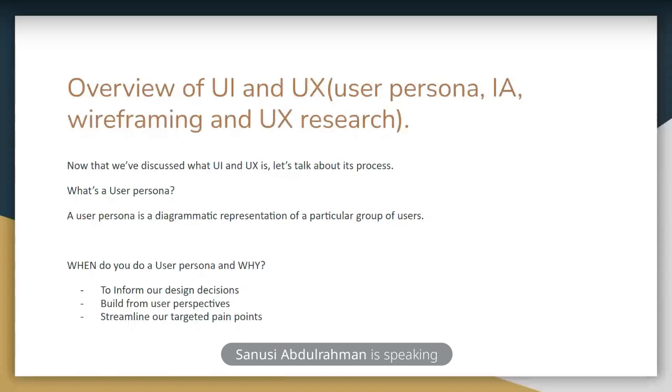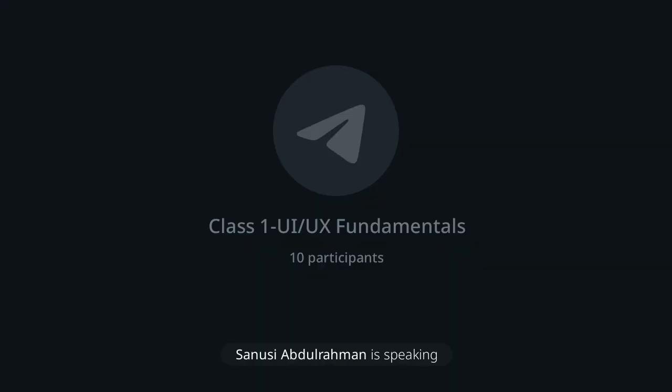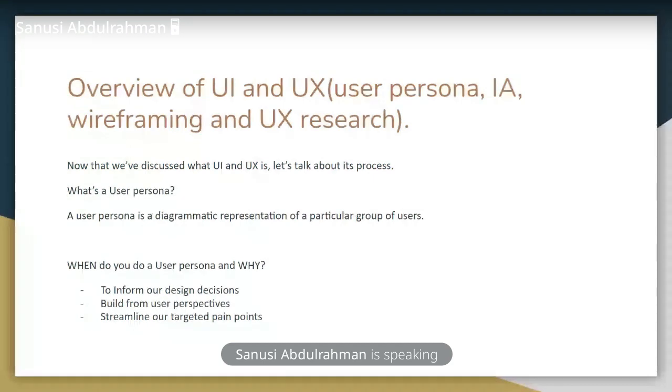Please, can you hear me? I'm not sure if my network is still fluctuating. I'm very sorry, it's MTN that is doing all of this. If you have any questions, please drop it in the chat box.